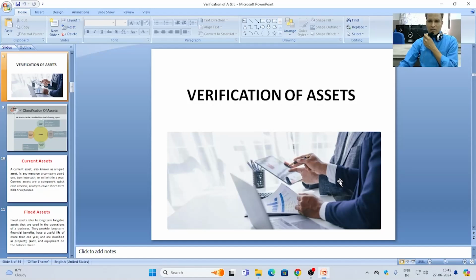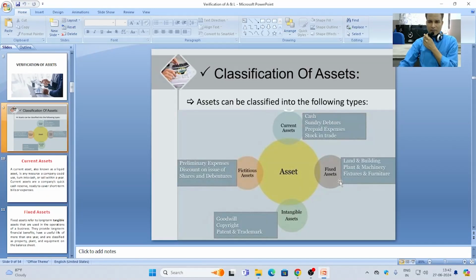The first type is current assets. It includes cash, sundry debtors, prepaid expenses, stock in trade, bills receivable, and other items. Next, fixed assets. Mainly we can identify fixed assets as land and building, plant and machinery, furniture and fixtures.